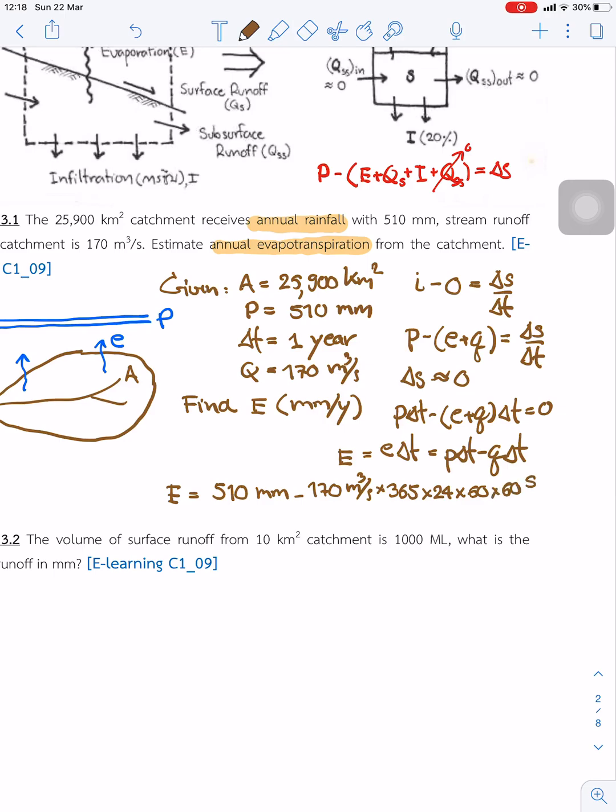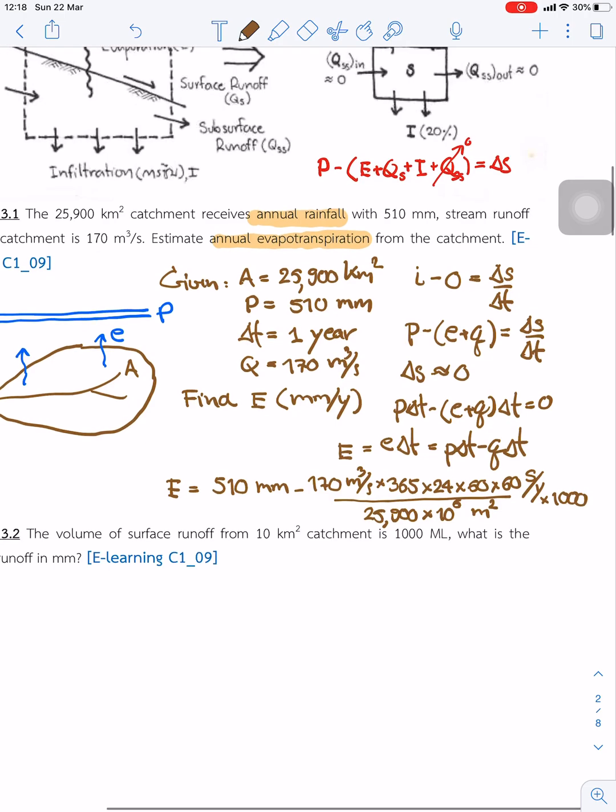So the unit is seconds per year, and divided by the area 25,900 converted to square meters. Okay, so on the top is cubic meter divided by square meter, and we have to multiply by 1,000 to convert from meter to millimeter.